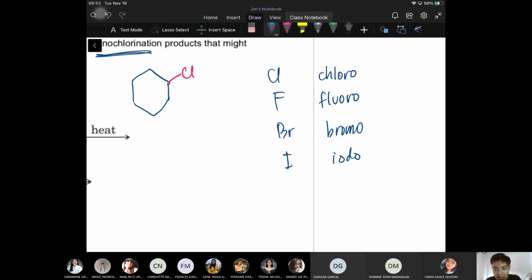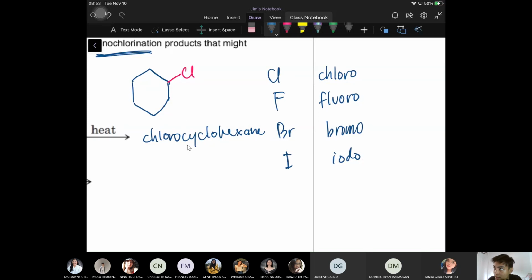So, ano kaya sa tingin nyo yung pangalan ng product na yan? Okay? So, ang pangalan ng product na to ay chlorocyclohexane.